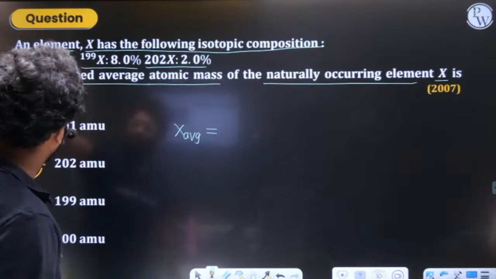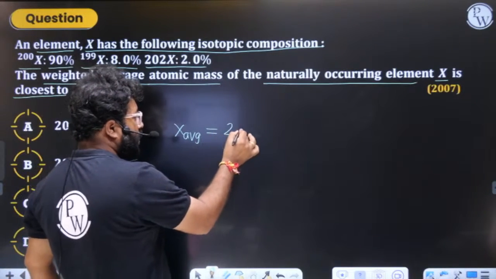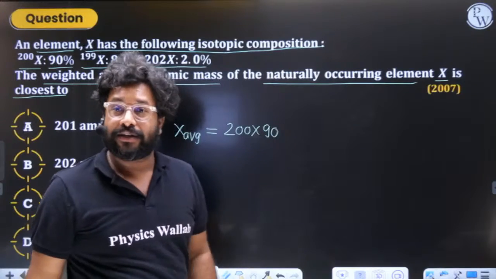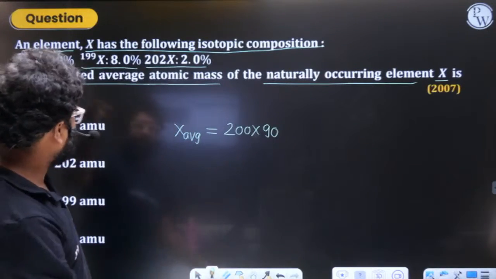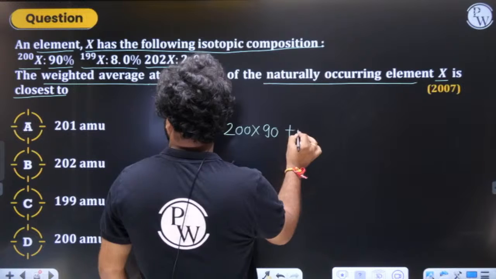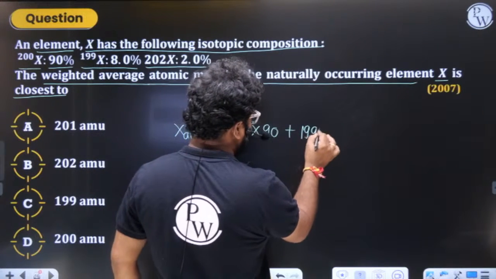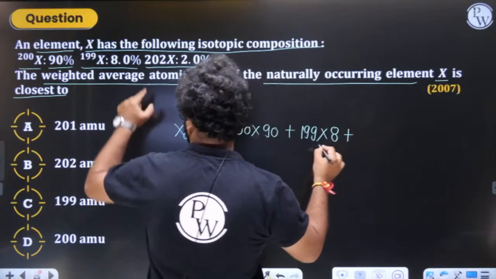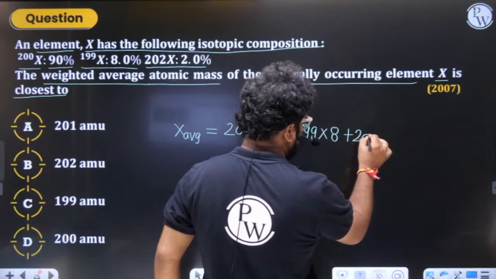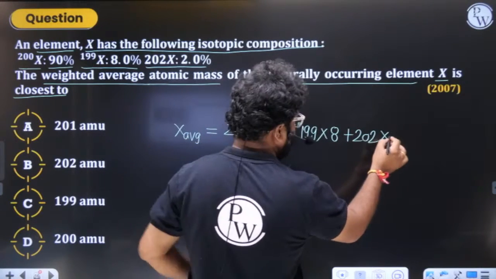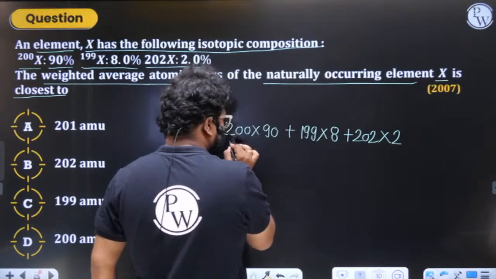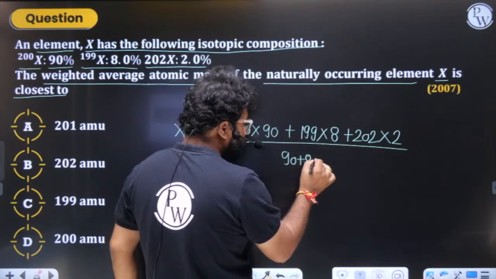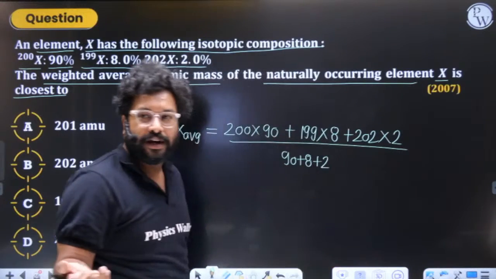Look at its atomic mass 200. 200 is going to get multiplied by its percentage abundance, which is 90, plus 199 multiplied by its percentage abundance, which is 8, plus 202, which is going to get multiplied by 2%. Now that is divided by 90 plus 8 plus 2, which always comes out to be 100.